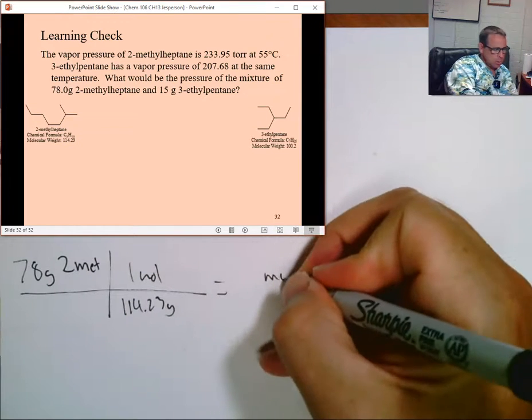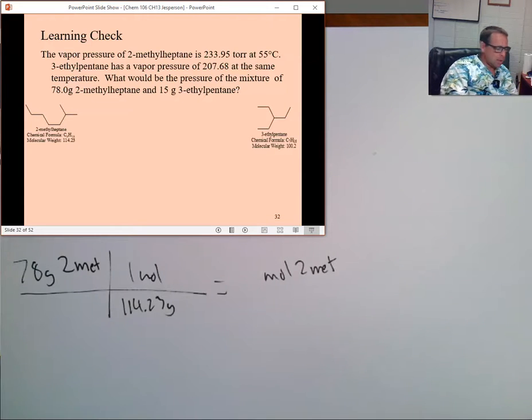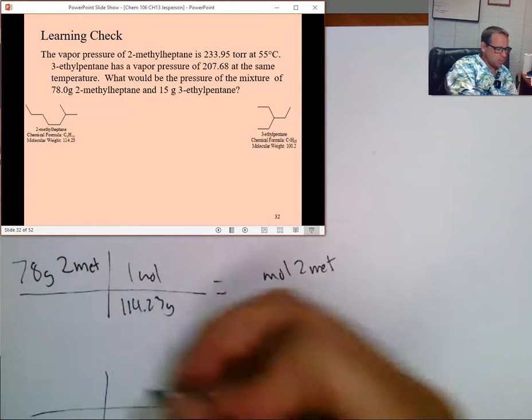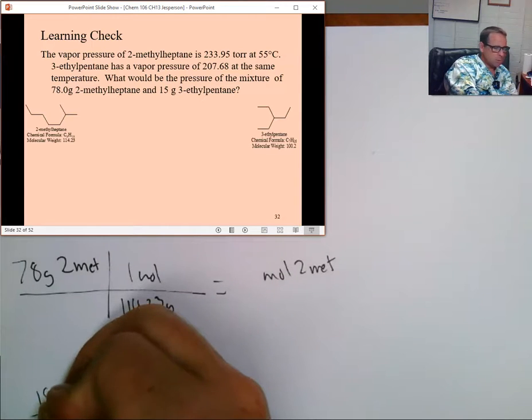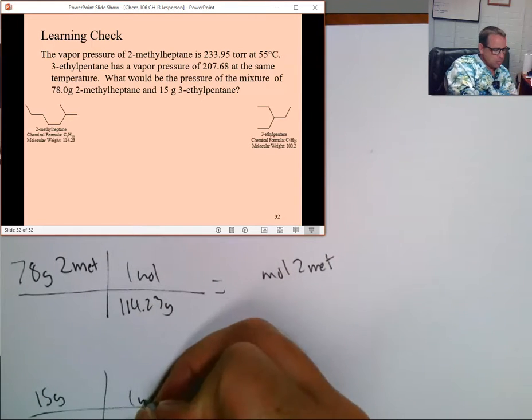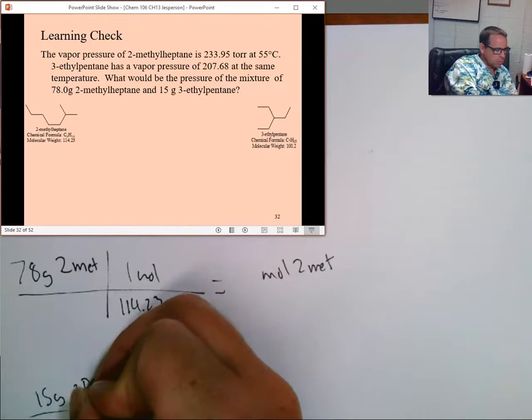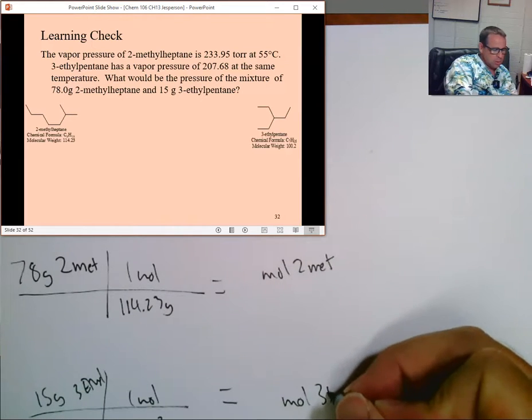This will tell me how many moles of the 2-methyl I have. All right. I can do that same thing with my 3-ethyl, 15 grams, 100.2 grams for every mole of the 3-ethyl. So this will tell me how many moles of the 3-ethyl I have.